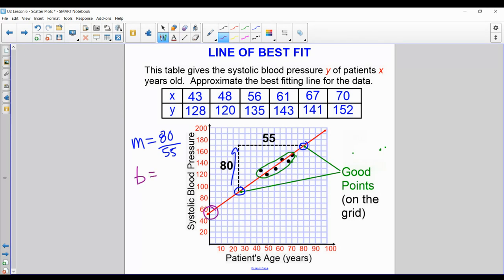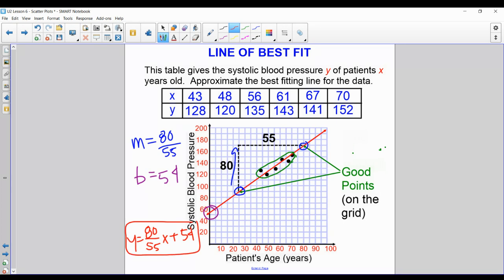So my b value is about 54. And now I can write the equation of the line. Y equals 80 over 55, and I could reduce that, plus 54. And that's my equation.